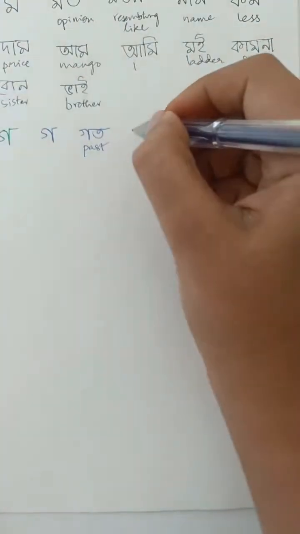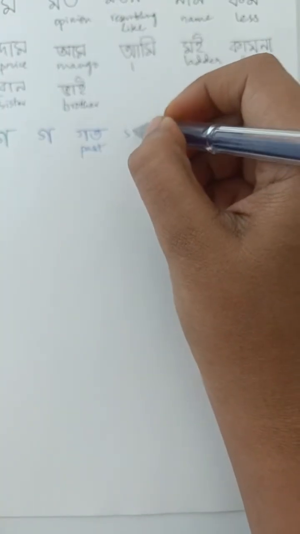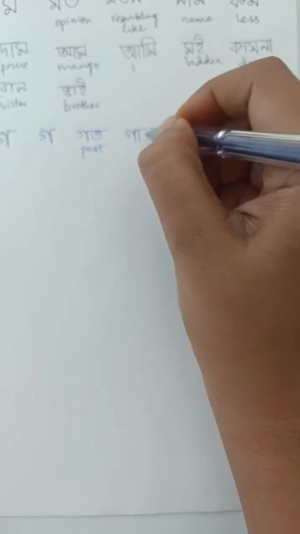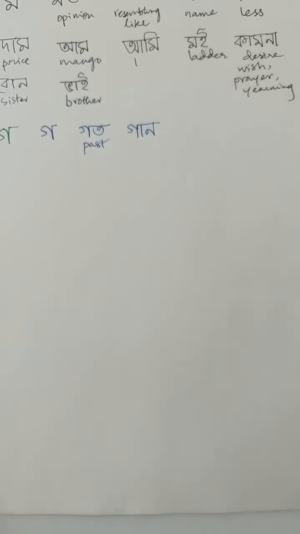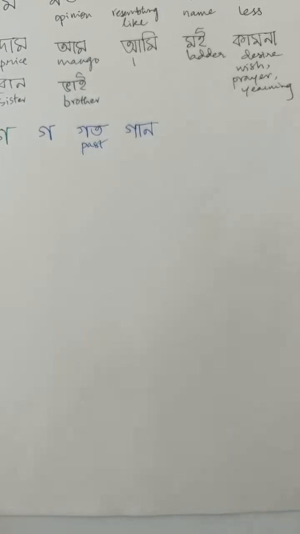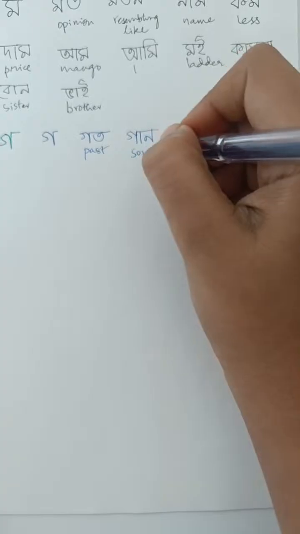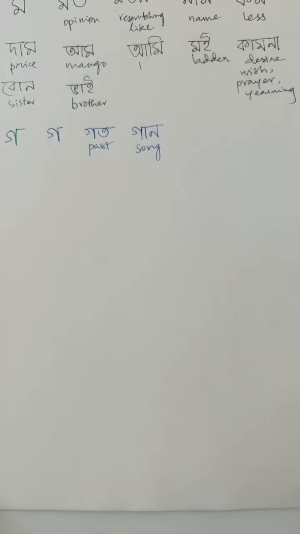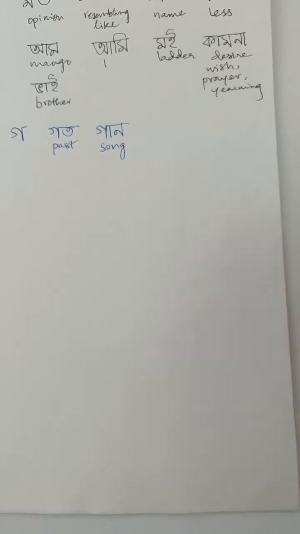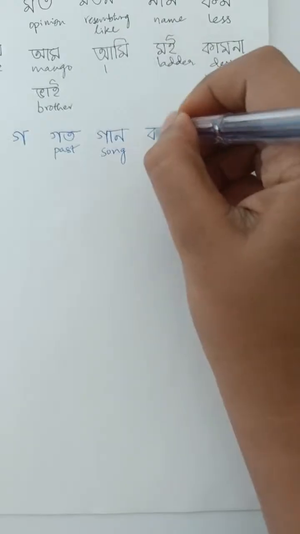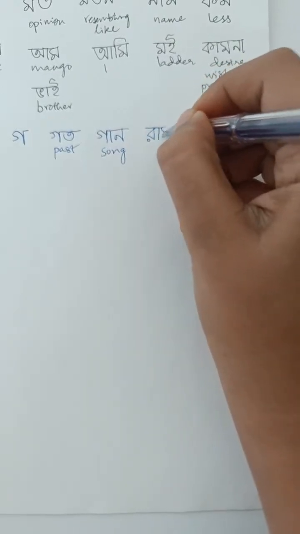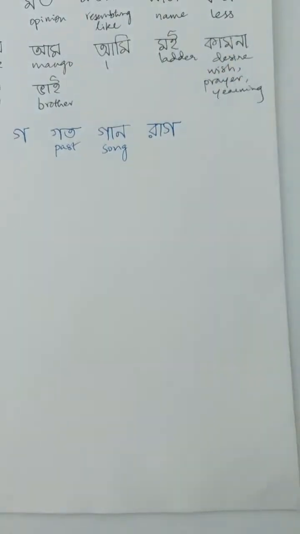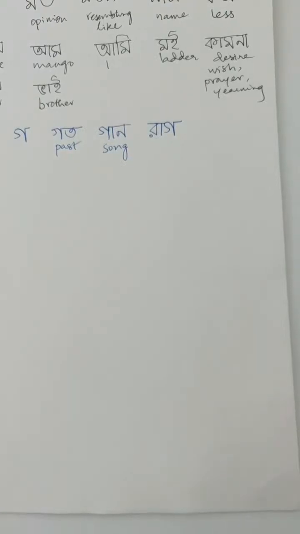Okay. Next word. Gan. This is song. Gan. What is this? Rag.